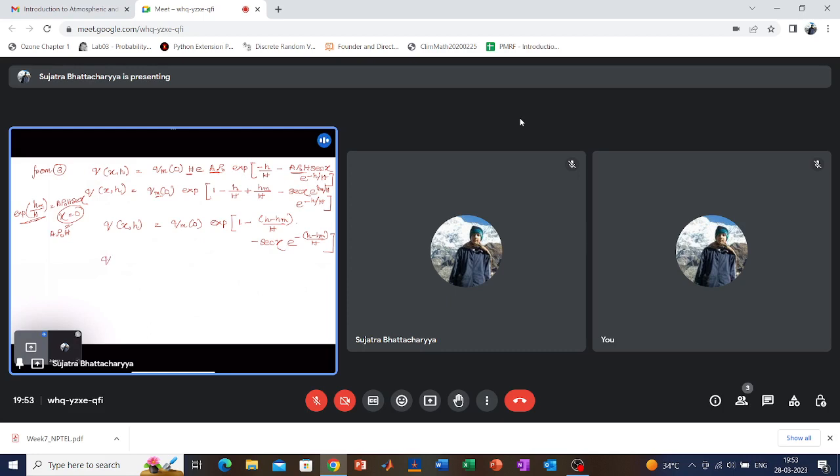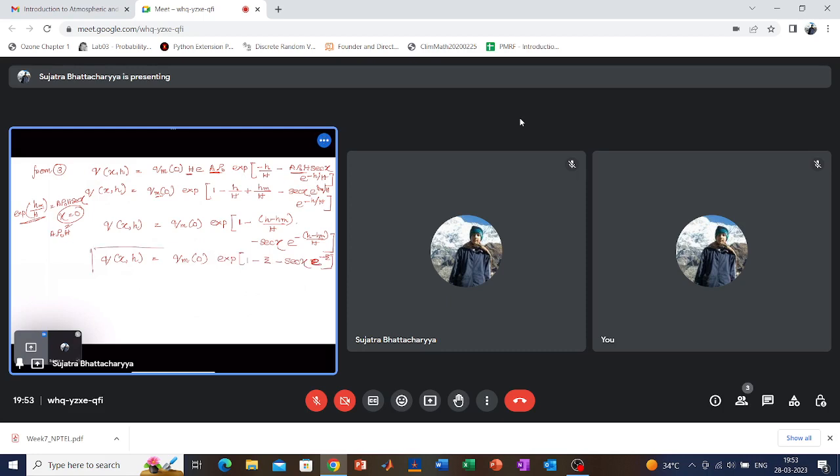So Q of chi h will be equal to Qm of 0 exponential of 1 minus zeta minus secant chi e to the power minus zeta. That is the final expression.